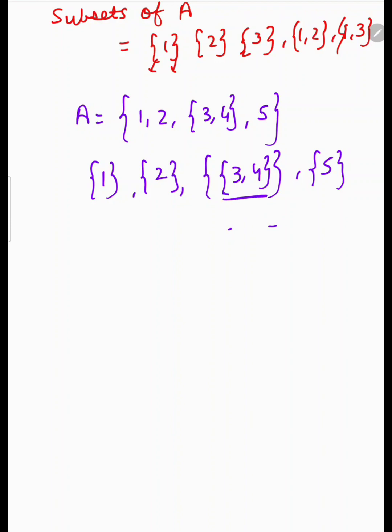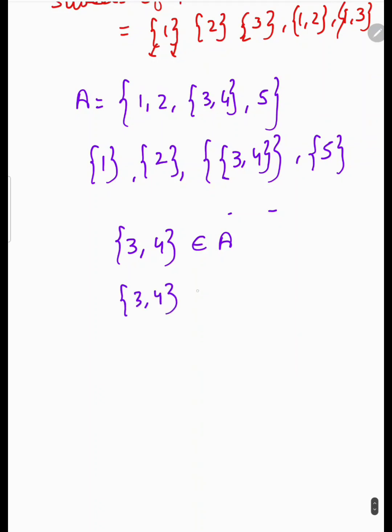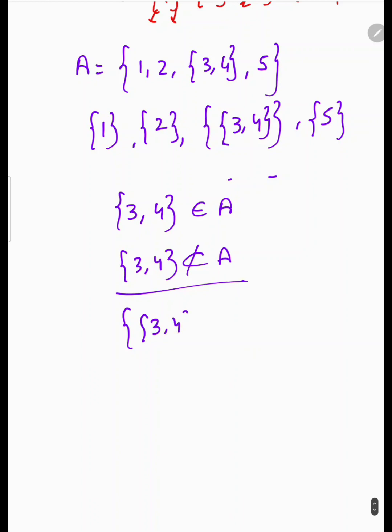So, see, {3, 4} is not a subset if it is written in single curly brackets. It is just an element. So 3, 4 written like this belongs to A, but {3, 4} is not a subset of A. But {3, 4}, this one written in double curly brackets becomes a subset of A. This thing has to be very clear.